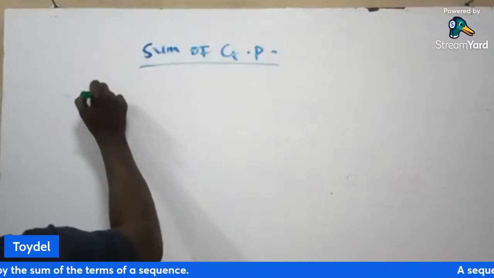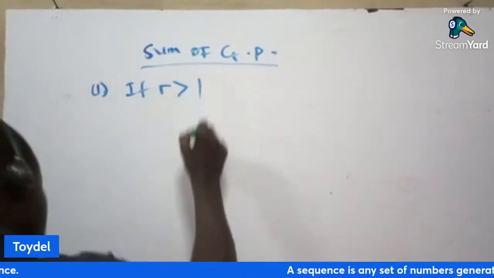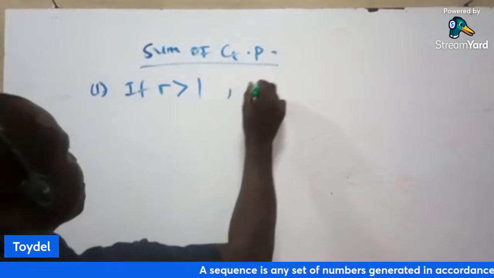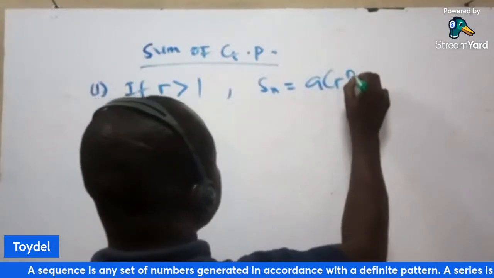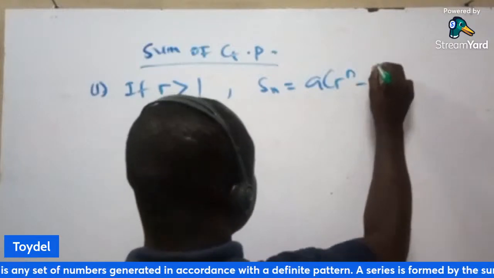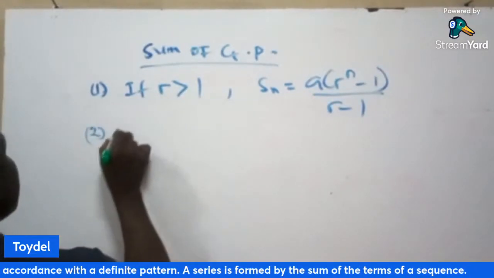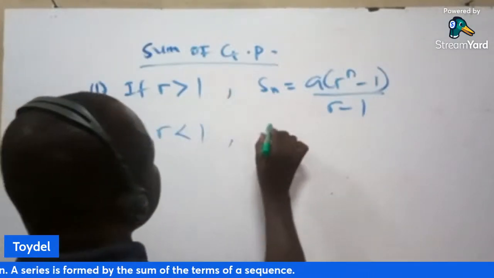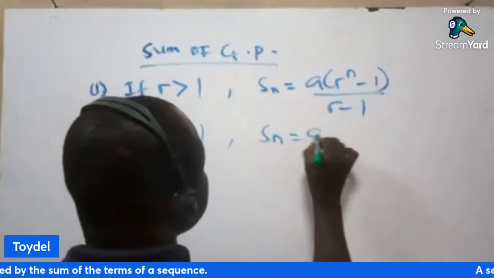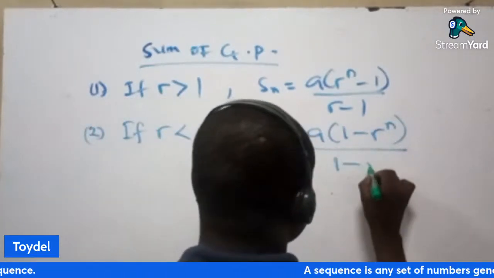The first one, depending on the value of r: if our common ratio is greater than 1, then the sum will be given as a into bracket r raised to power n minus 1 all over r minus 1. The second formula is that if r is less than 1, then the sum of GP will be a into bracket 1 minus r raised to power n all over 1 minus r.